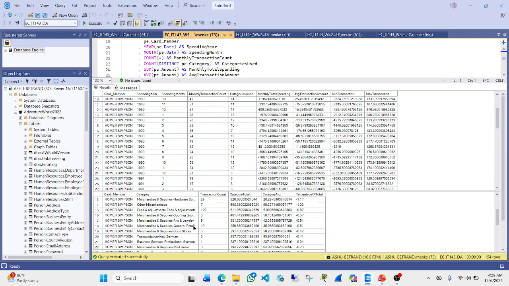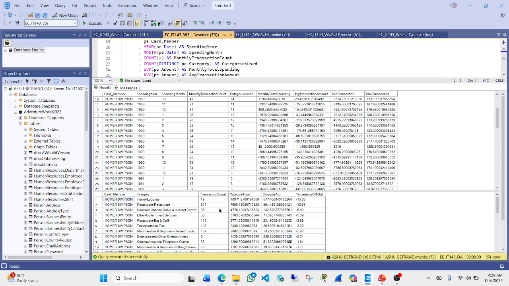So the greatest transaction count was done for merchandise and supply internet, followed by the restaurant. So that is where the consumer spends.